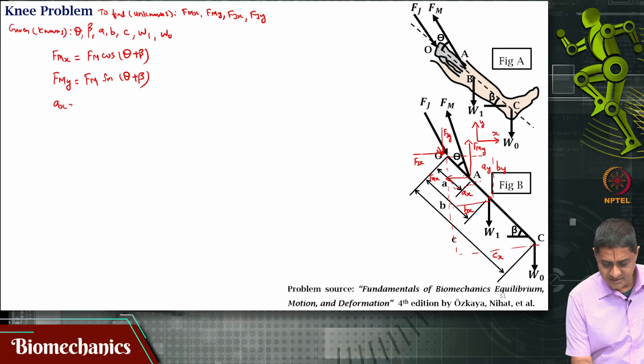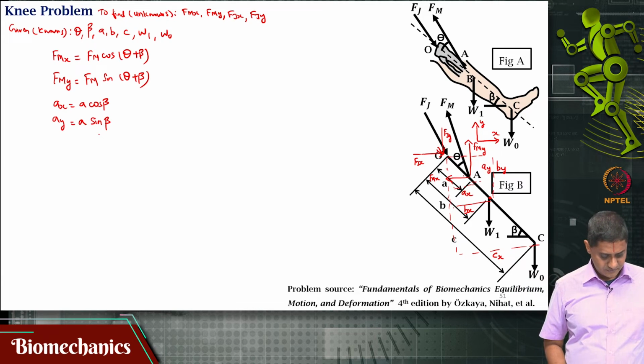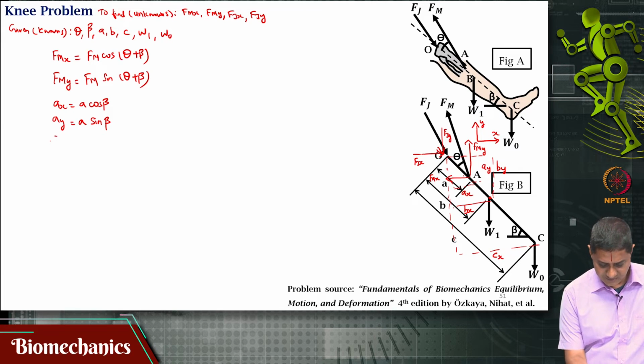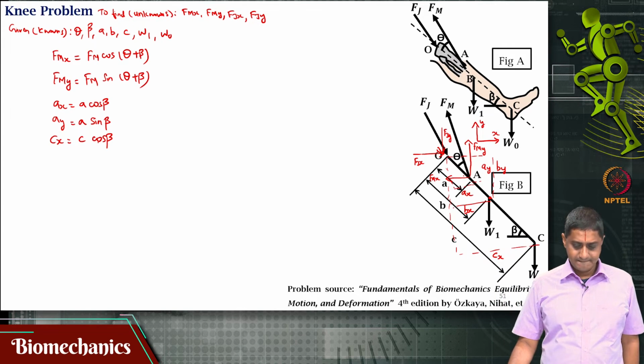So, Ax is A cos beta and Ay is A sin beta. Cx is C cos beta likewise.